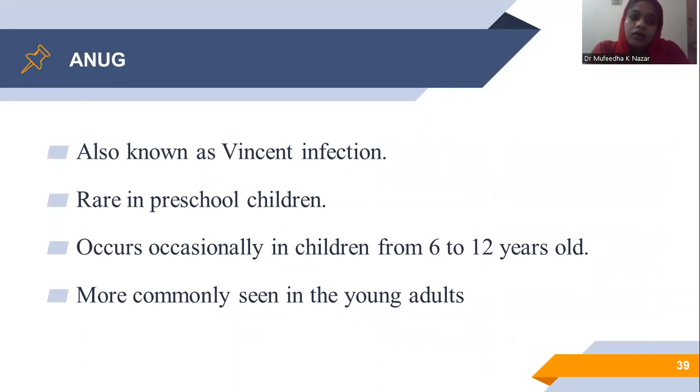ANUG, or acute necrotizing ulcerative gingivitis, is also known as Vincent infection. It is rare in preschool children and usually occurs in children from 6 to 12 years old, and is more commonly seen in young adults.